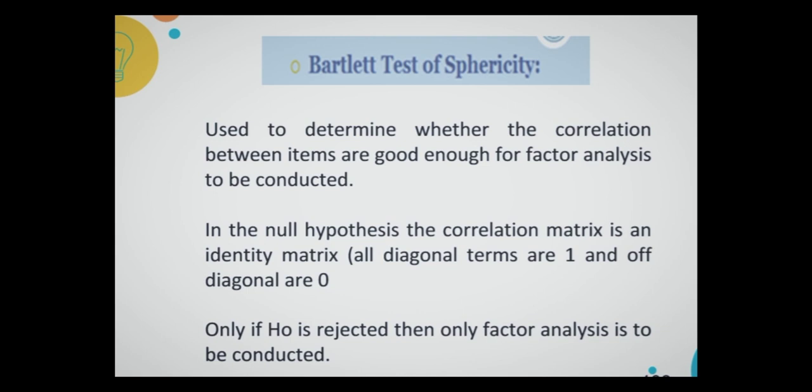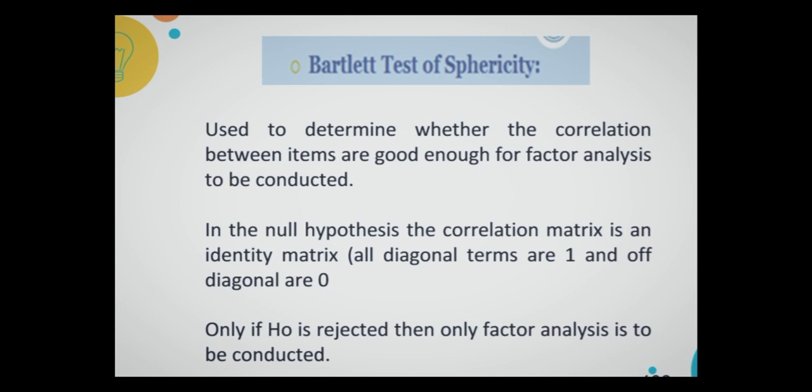Bartlett test is used to determine whether the correlation between items is good enough for factor analysis to be conducted. Okay, in the null hypothesis, the correlation matrix is an identity matrix. Only if H note is rejected, then factor analysis is to be conducted.